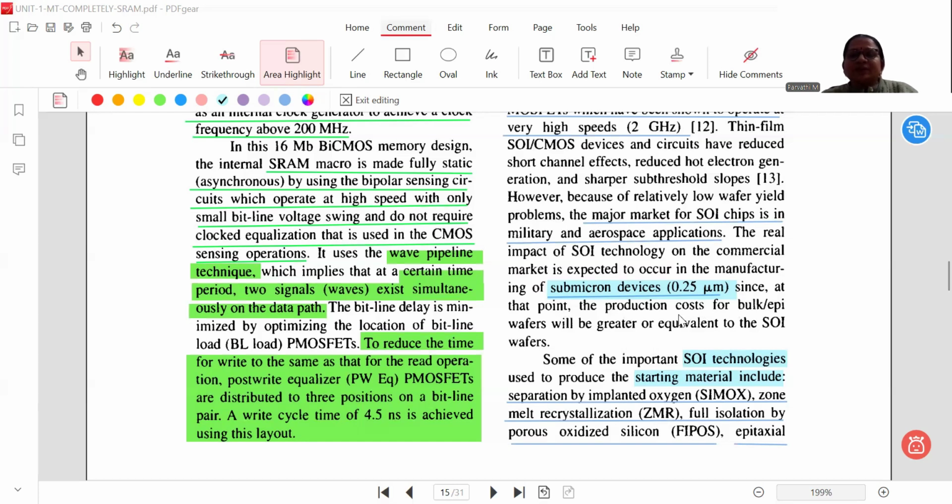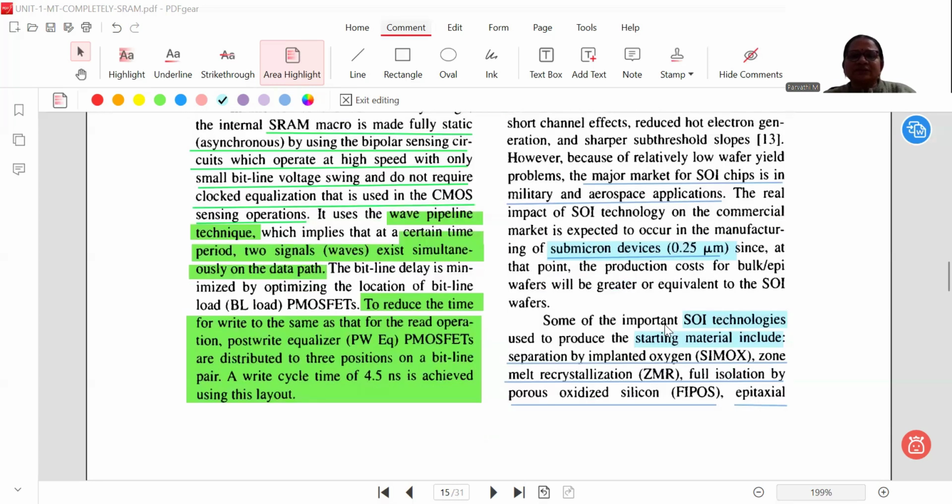At this point the production cost for bulk CMOS wafers will be greater than or equivalent to SOI wafers. So people are taking this as an advantage to construct the chips or ICs at this technology node.